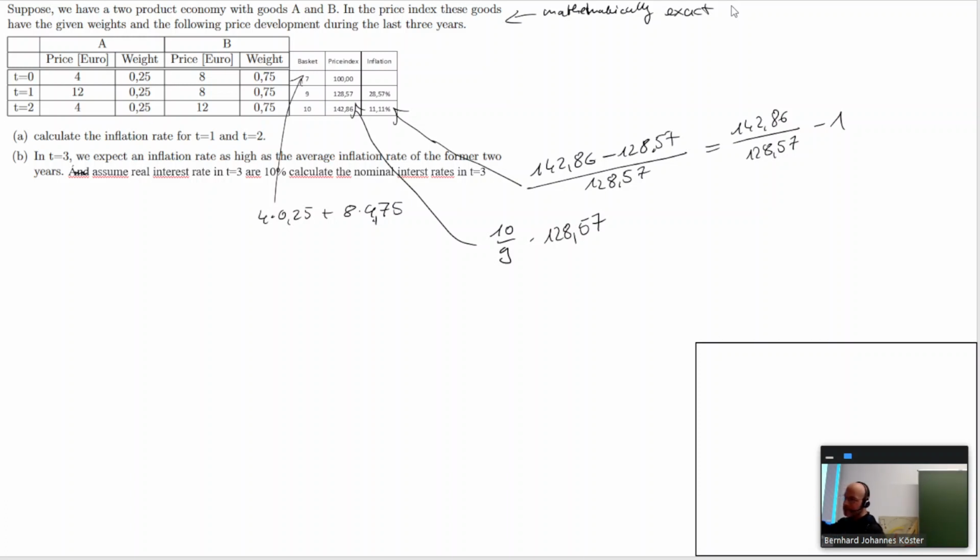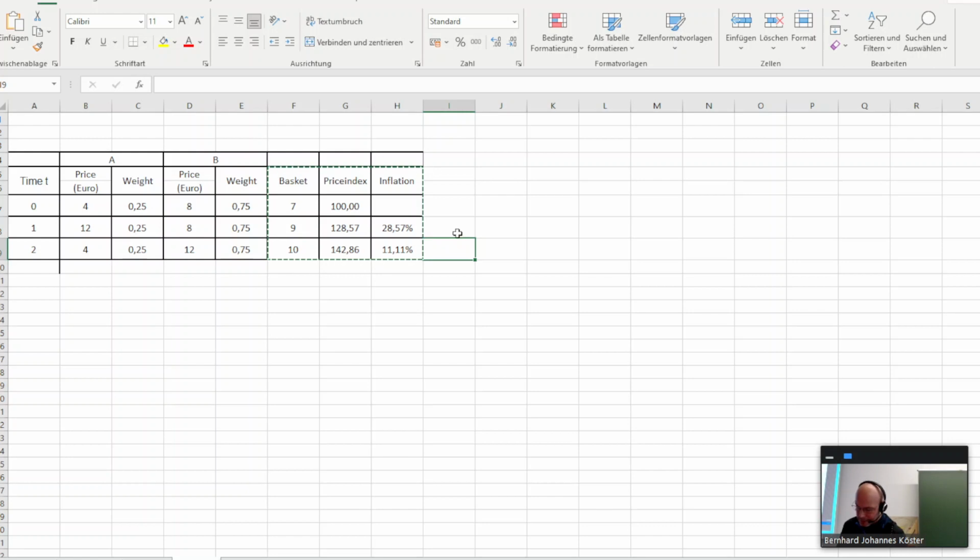Since the inflation rates are much larger than 10% in this case, the error you would make with this approximation is quite large. Okay, so for this, we then have to remember how to calculate an average growth rate. For this, I have to calculate the geometric mean of not the growth rates, but the growth factors.